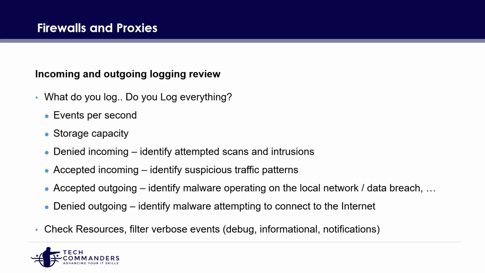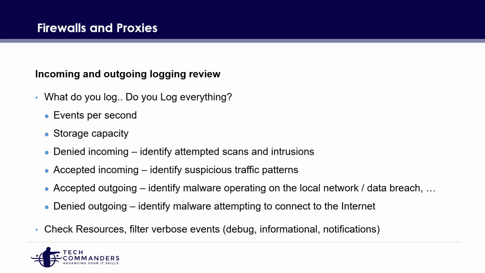We could be looking at everything from events that occur, to storage capacity, to traffic that might be denied incoming into our network, traffic that was accepted going in and out of the network. It could be traffic going out that was denied, right? It could be just about any other number of different areas we log.